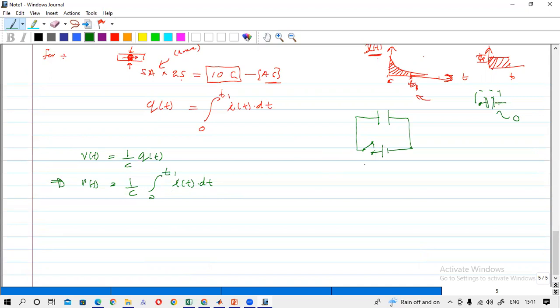But what happens if we have initial charges on the capacitor? That means you have used this capacitor for some time and then closed it, so this capacitor is charged up to some level.